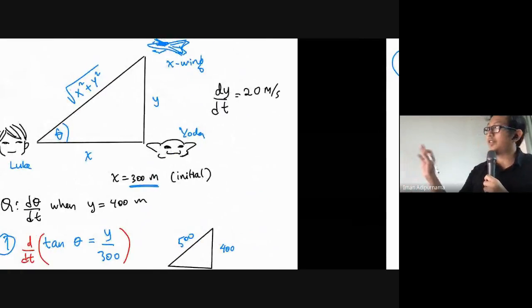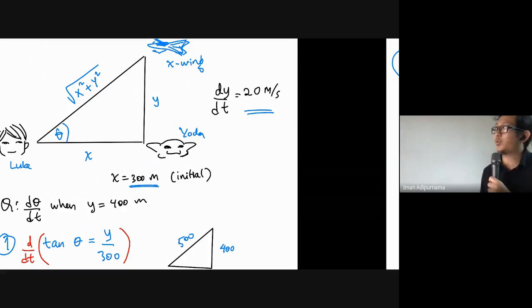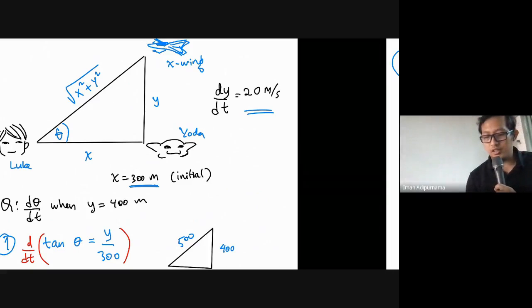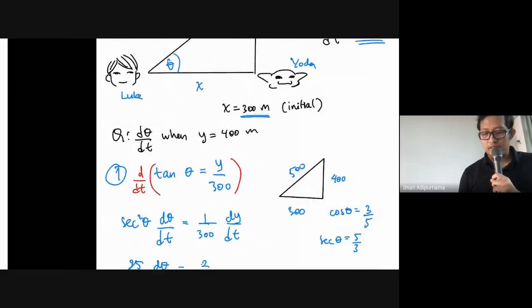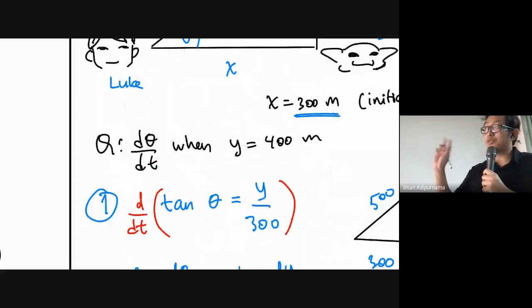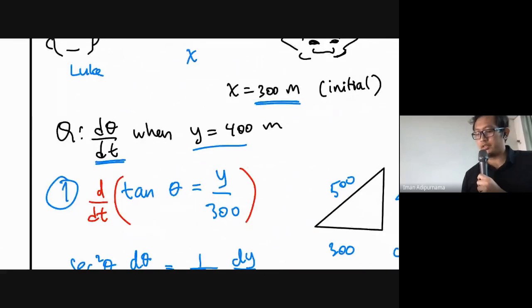And you know from the information in the question, you are given the rate of change of y. Then the question: you need to find d theta dt when y is 400.